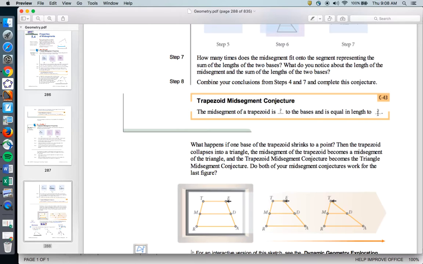So it's equal in length to the average, which means we add them together and divide by 2. Kind of cool. This picture is nice. This actually shows a triangle. This base is zero. This base has some length, MD. The length is going to equal half of this plus this, but this plus this is equal to this, because this is zero. So in a triangle, this is equal to half of the one base. The second part of this, it's equal in length to the average length of the bases.